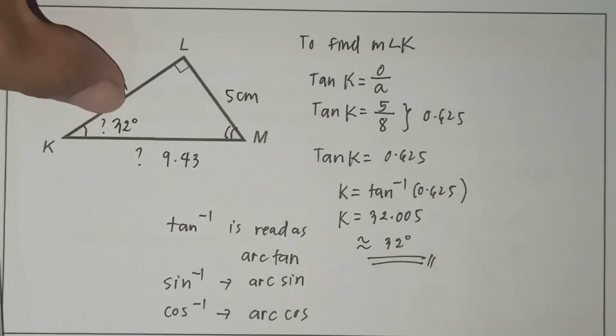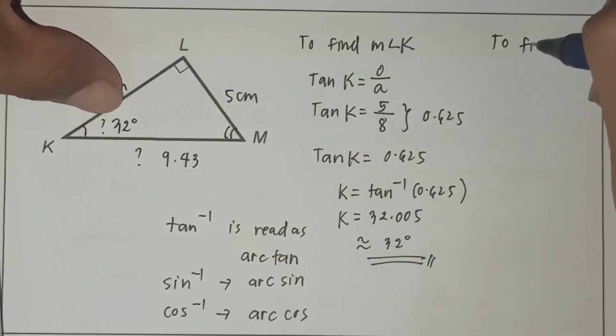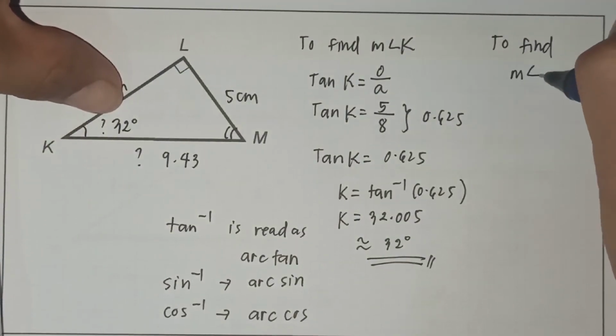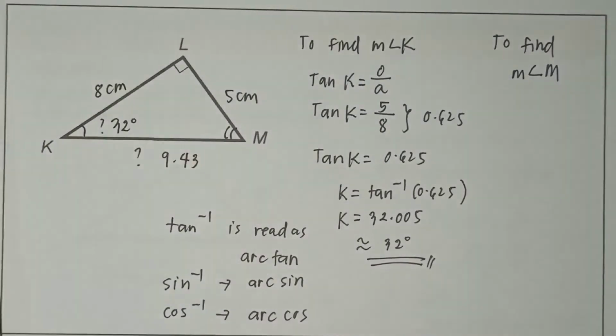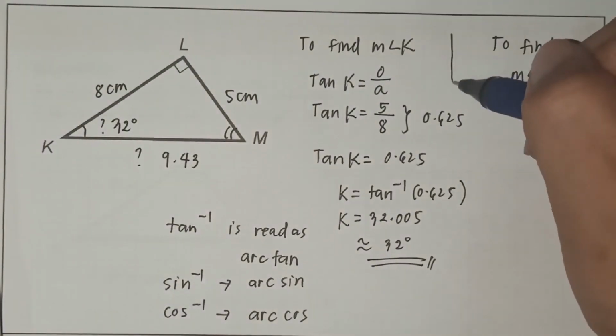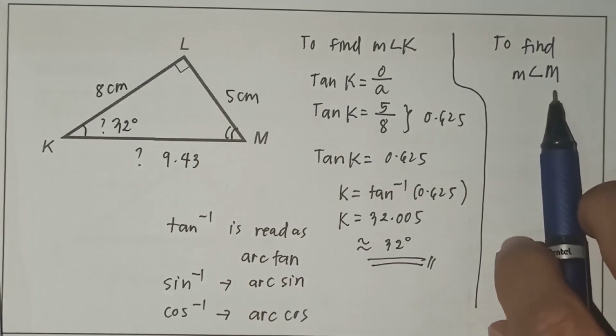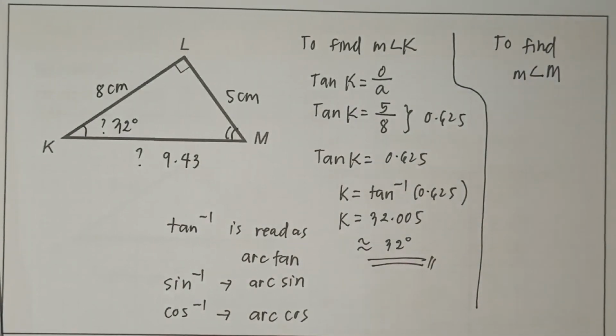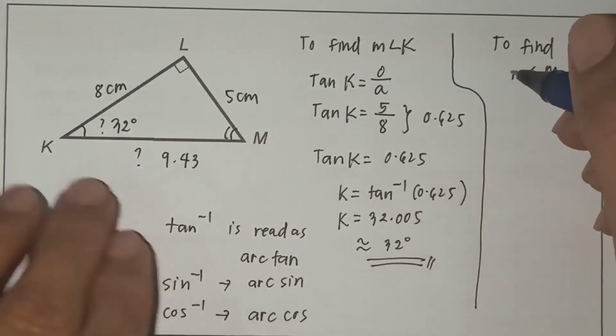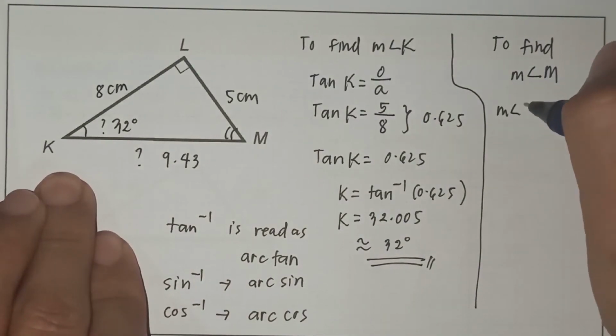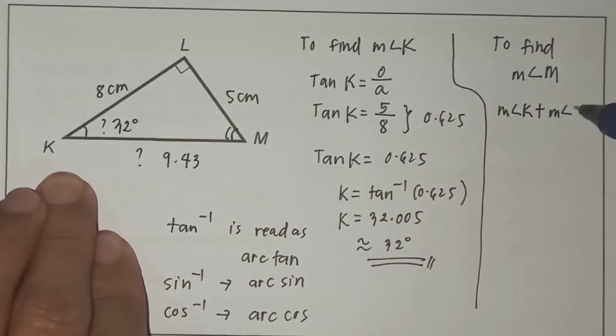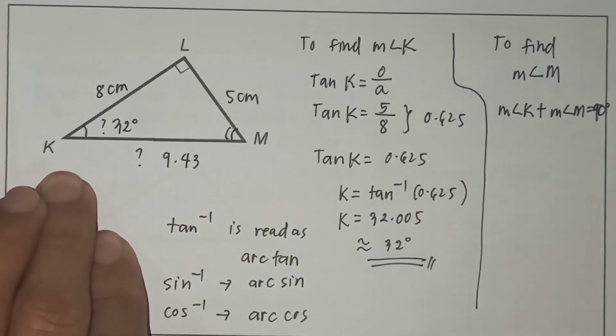Since we have 32 degrees, to find the measure of angle M, we will be getting the measure of angle K plus the measure of angle M is equal to 90 degrees.